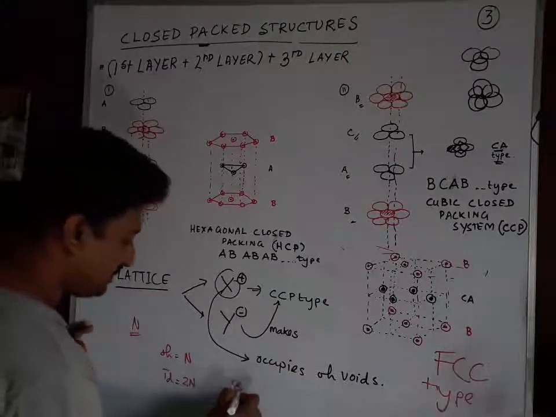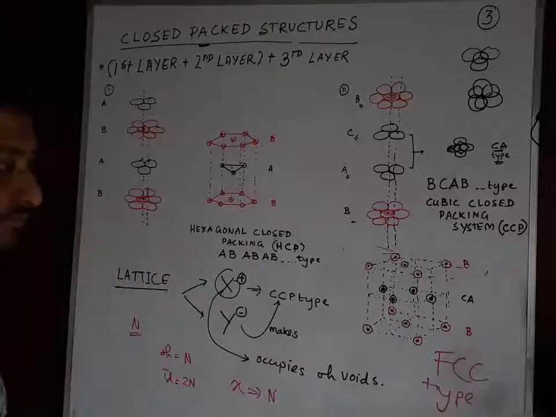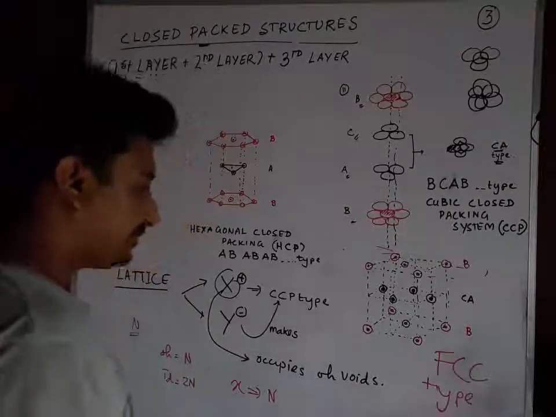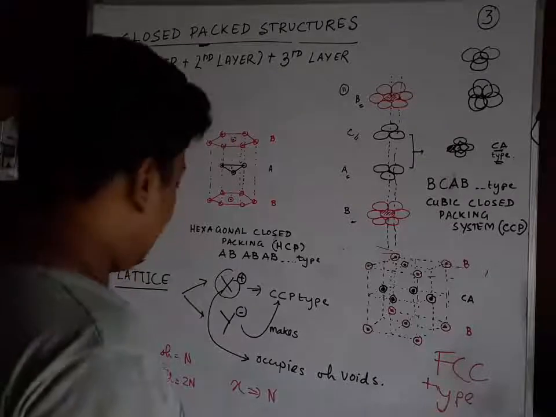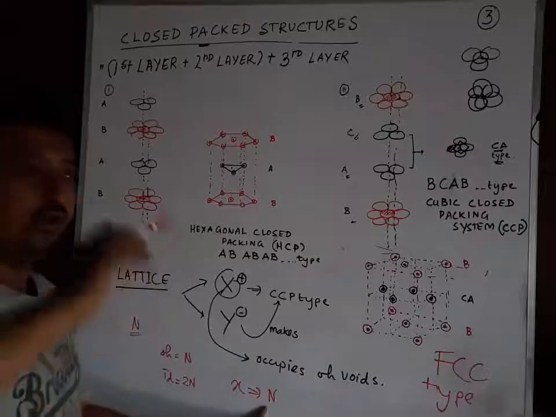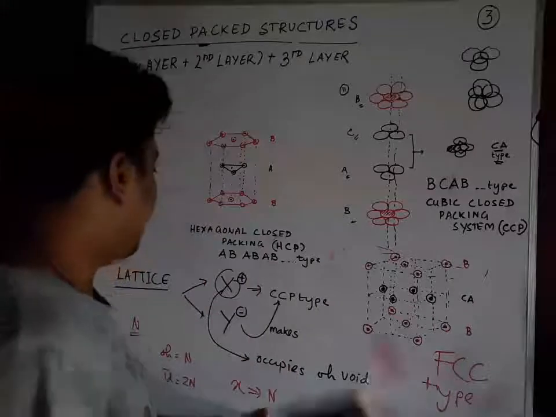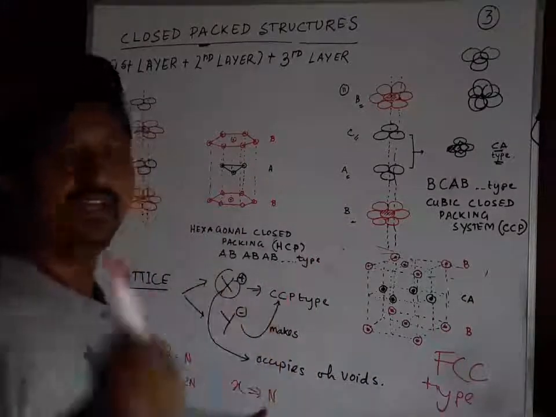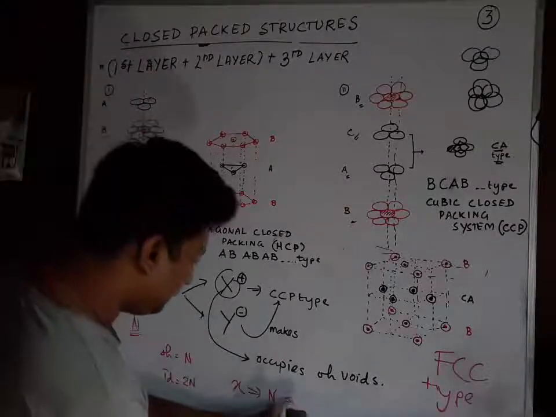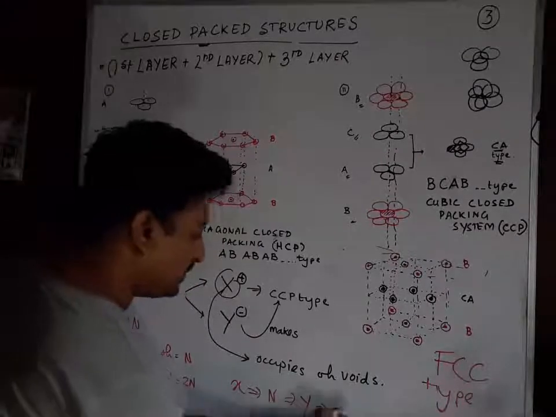So X is basically n, and the total number of atoms which actually make the CCP structure, the number of atoms present in the lattice, is also equal to Y. So what will be the ratio?